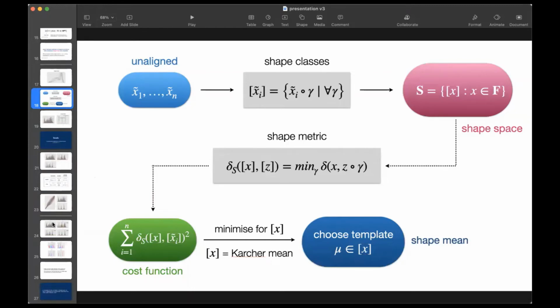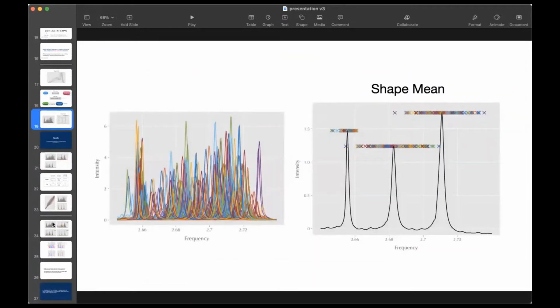I've looked into ways to make this method more robust, and one of them is varying that cost function. But here, elastic registration works quite well only because the spectra have a common shape. It's an interesting question, though: if you introduce spectra with different shapes, how well does the shape mean turn out?